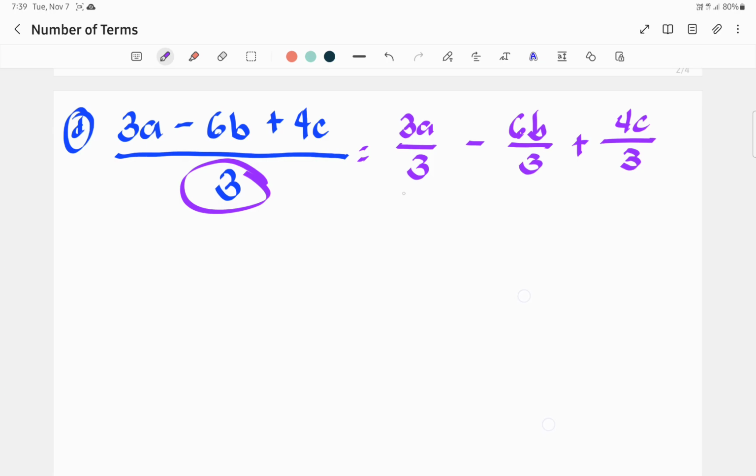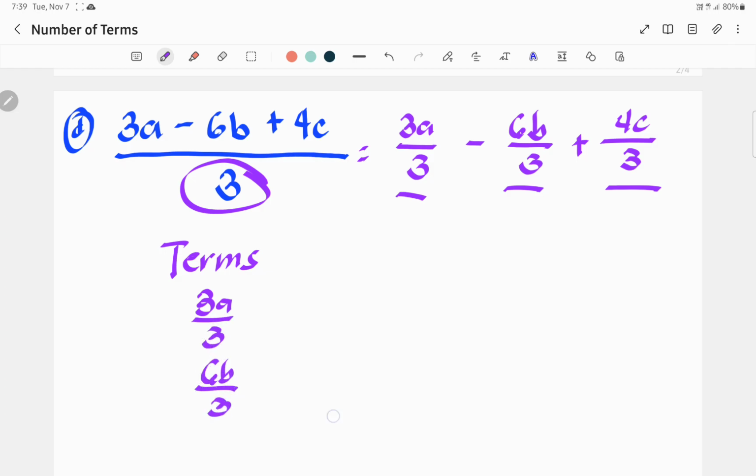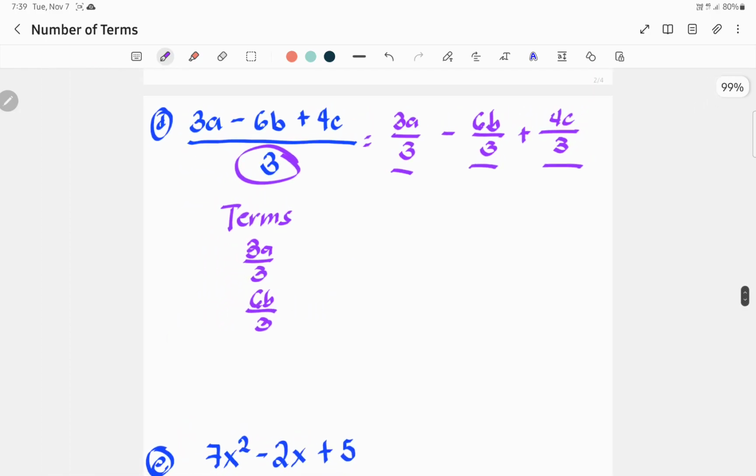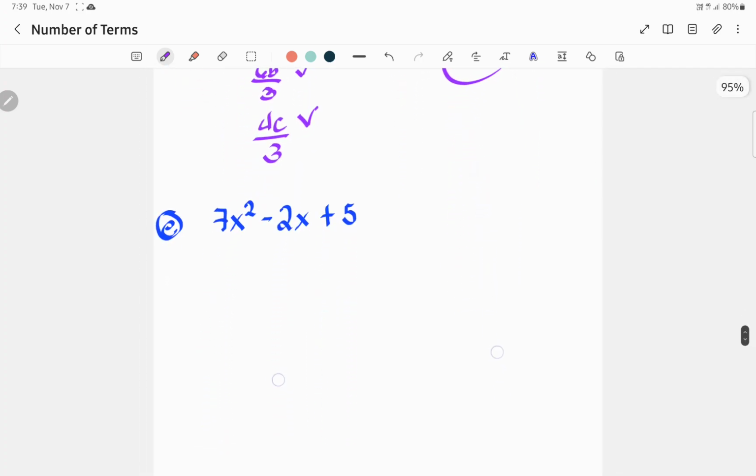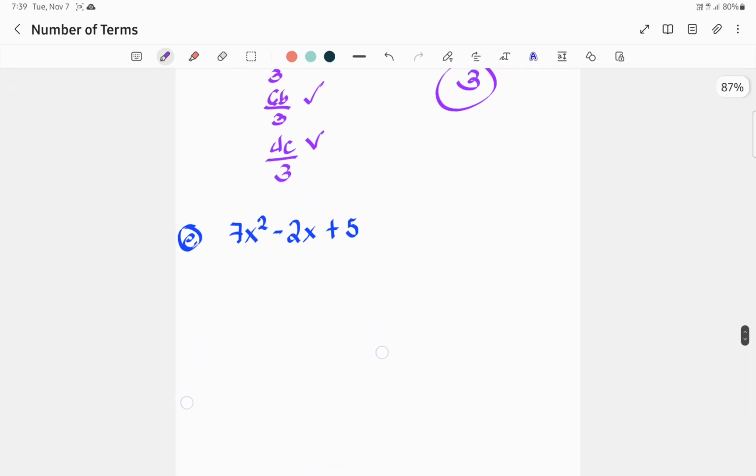So we can now count the number of terms. We have 3a over 3, 6b over 3, and 4c over 3. When we count that, it's 1, 2, and 3. So the number of terms is three.